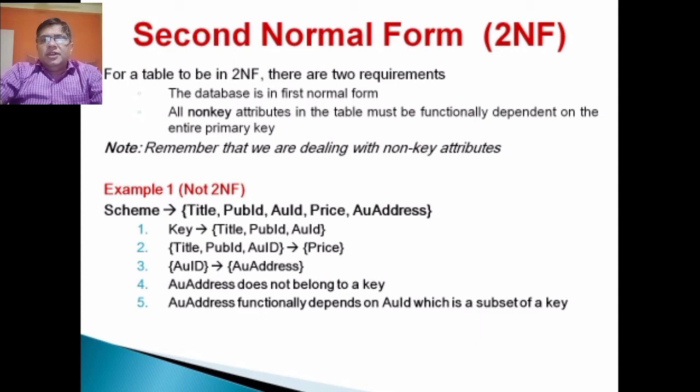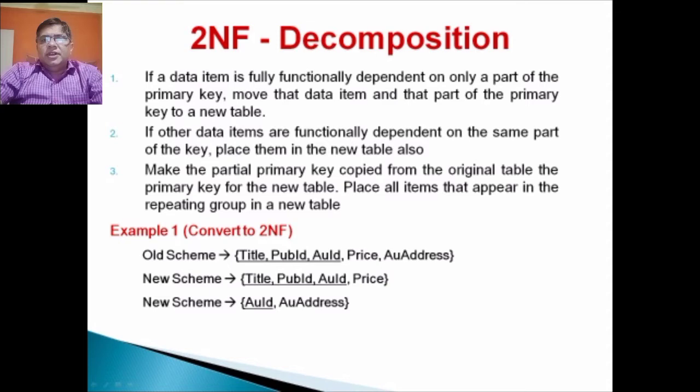Here is an example of tables which are not in second normal form. To convert these tables into second normal form, we use decomposition of the table. Here is the second normal form decomposition.